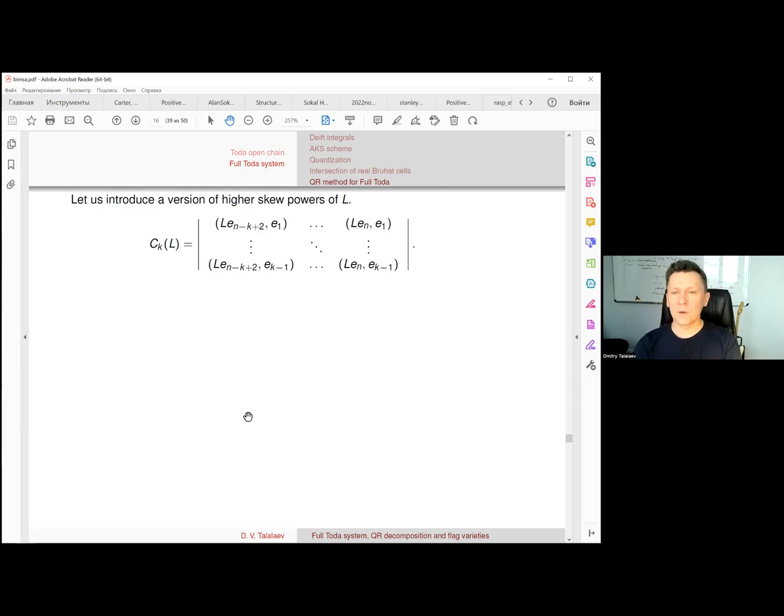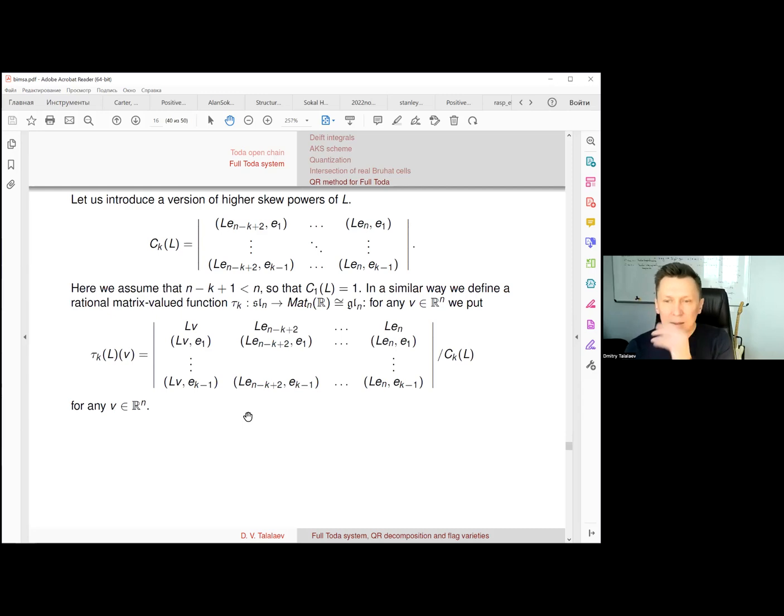Ck of L is just the left lower minor of the matrix L. And now we introduce some matrix valued functions on the space of Lax operators. They are given by this expression.